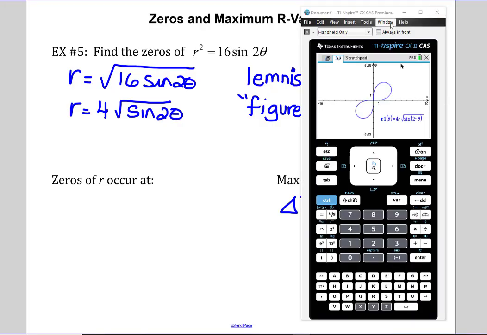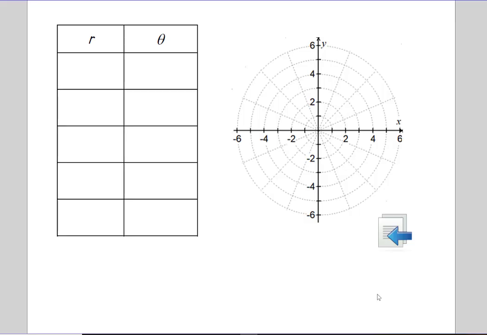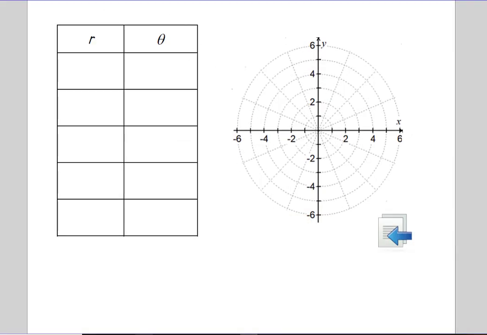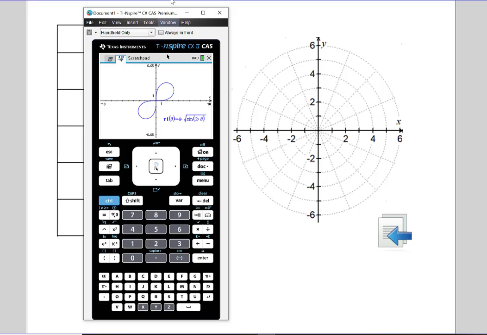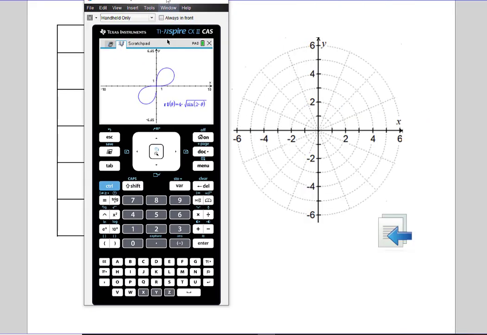So here's a picture of my figure 8 or lemniscate. And since I have the TI-Nspire, I'm able to just evaluate that. So we've got a figure 8, but first of all, let's make the table.